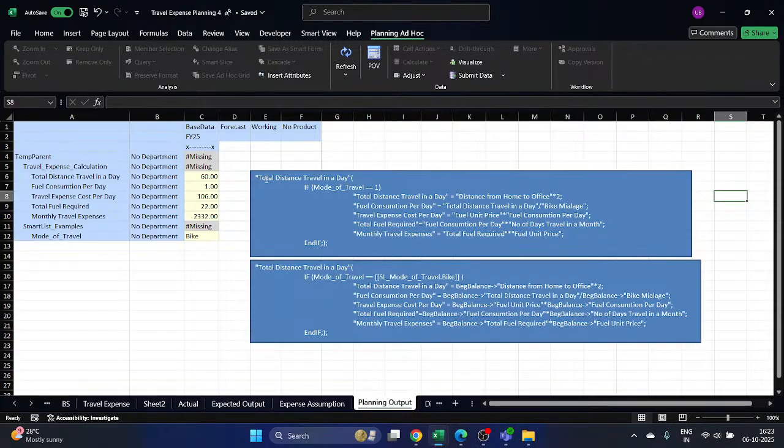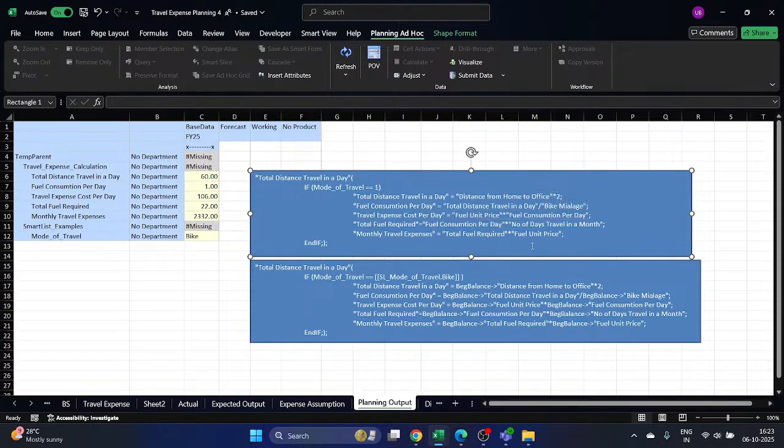The actual business rule which would come into the picture is, like, mode of travel is 1, which means bike, so the total distance traveled in a day equals distance from home to office multiplied by 2, and we will keep the column behind it, and for the fuel consumption per day, the same formula we will apply here.